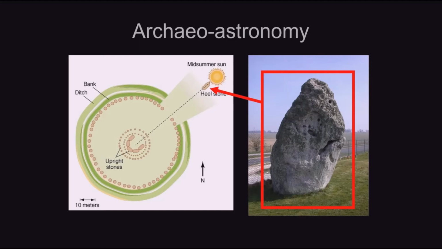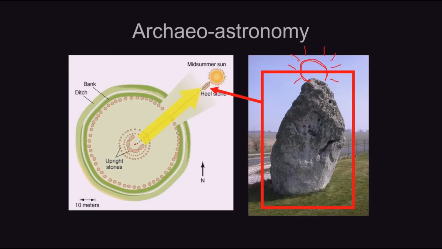And the heel stone is significant because it marks the rising of the midsummer sun. So on Midsummer Day, the summer solstice, if you were to stand in the exact center of this circle and look out towards the stone, the sun would rise directly over the top of that, as is demonstrated here by my expert drawing skills.